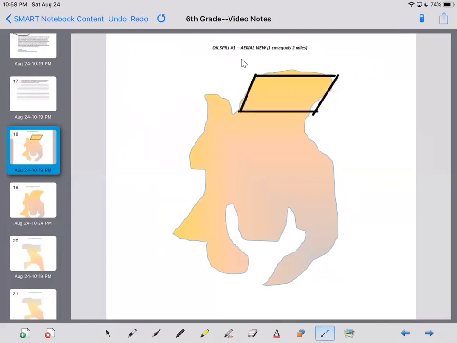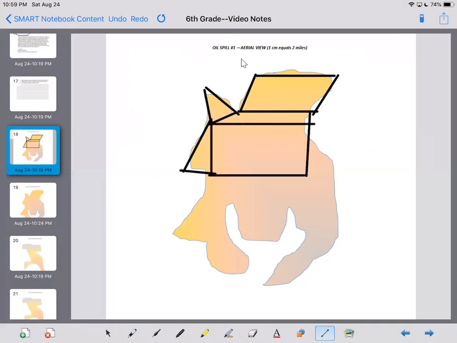So they see a parallelogram, or they see a triangle, and they see a triangle here. And this is a rectangle and a trapezoid, and this is a parallelogram, and this is a parallelogram.